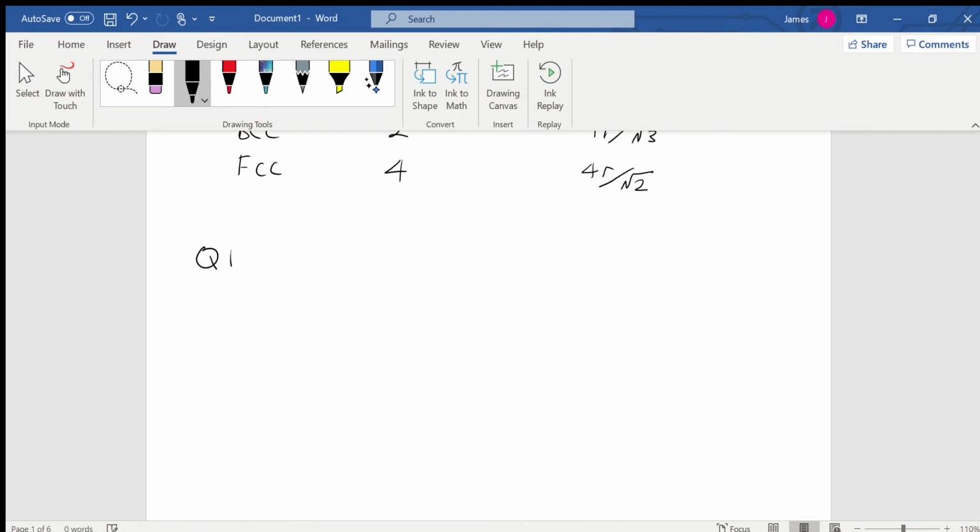Let's call it question 1. Chromium has a BCC unit cell upon crystallization.